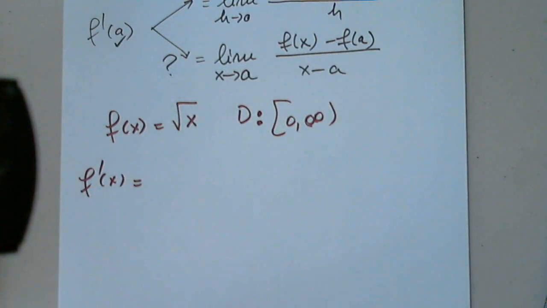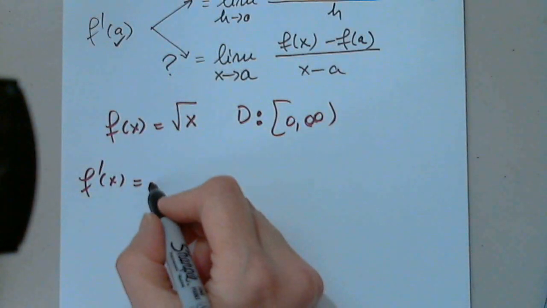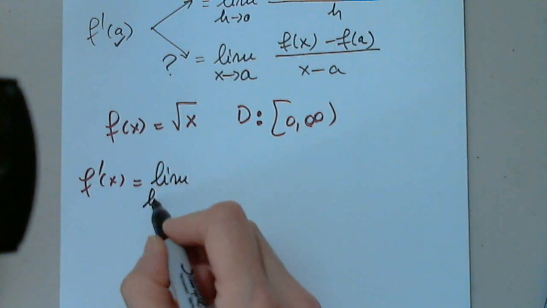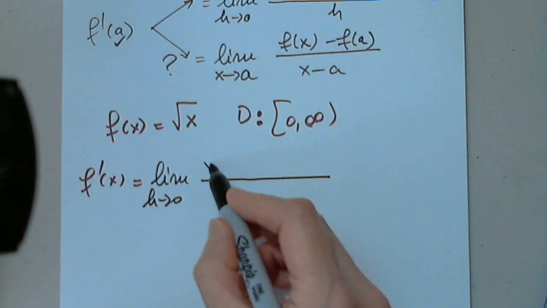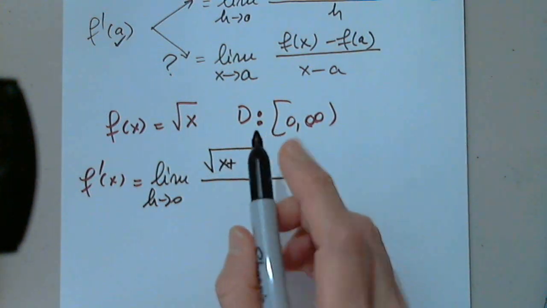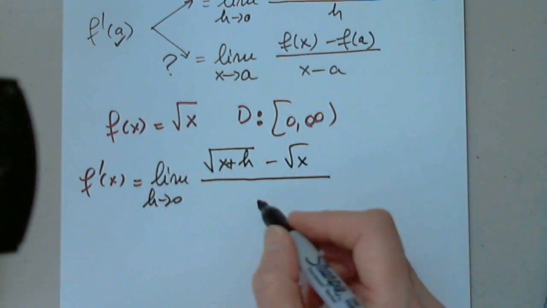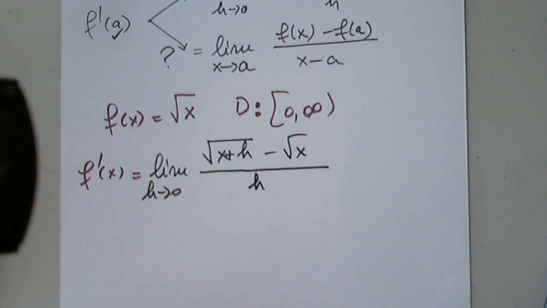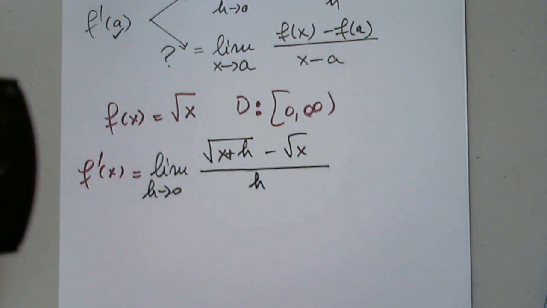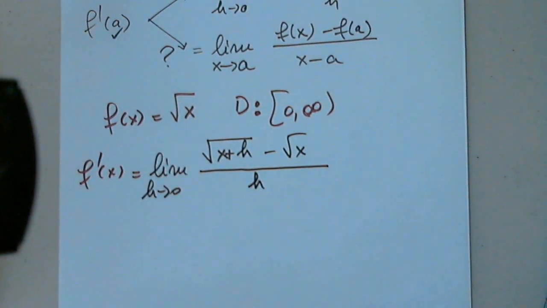That's not the definition of the derivative, please. The derivative consists of two concepts put together. Yes, as h approaches 0, of the function of x plus h, minus the square root of x. Perfect. Of course, this is 0 over 0. There is no discussion, because it's f of x minus f of x over 0.